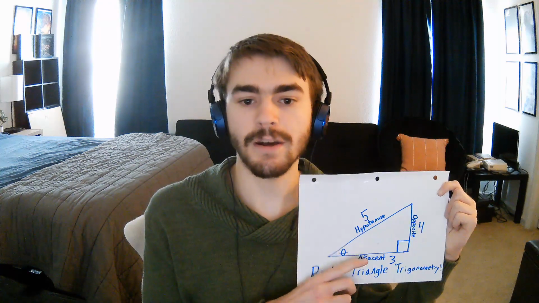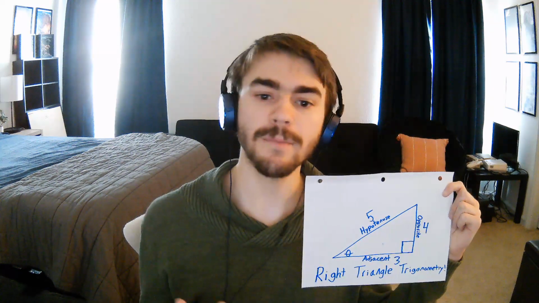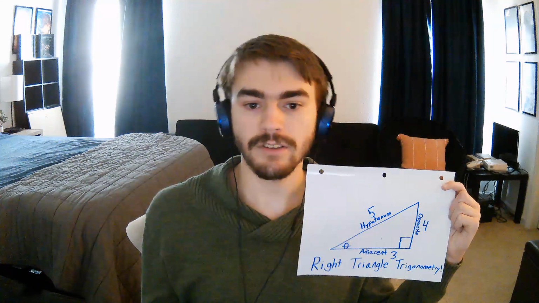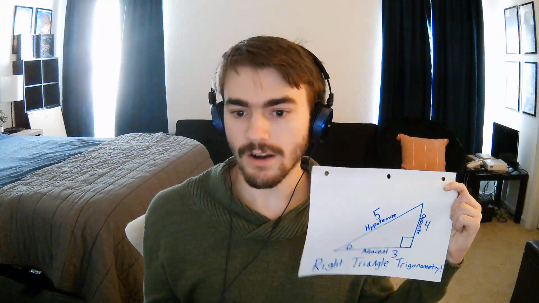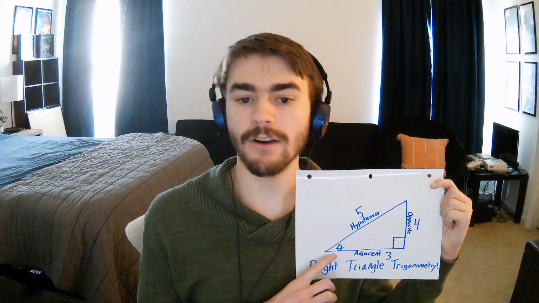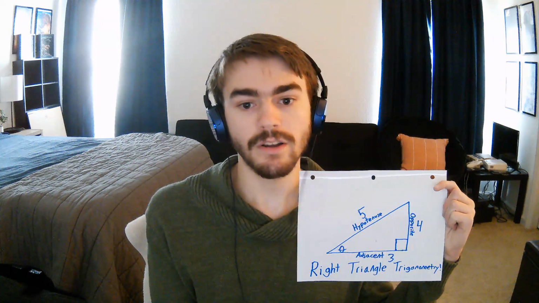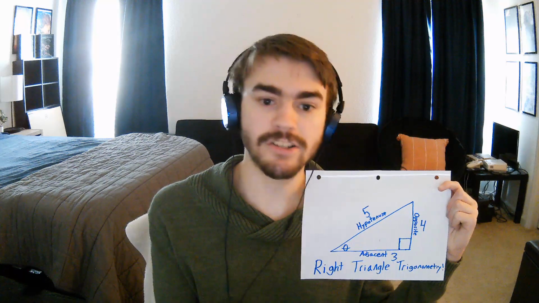Alright, so basically the way that we find these angles given our sides is by using trigonometric identities. So there is sine, cosine, and tangent. Those are the 3 ones that we're working with. Let's start with the sine. We have our angle here. Remember, in SOHCAHTOA, SOH is saying sine.